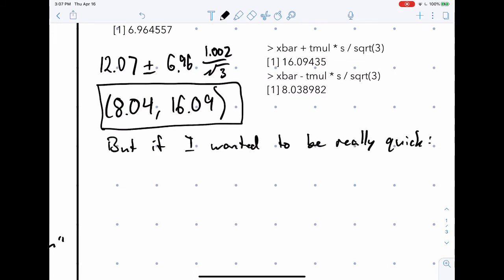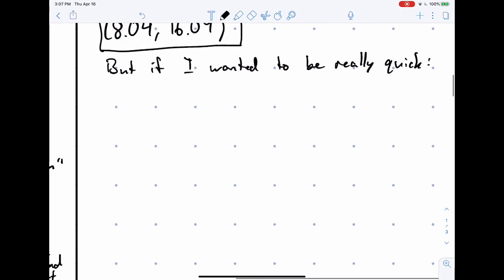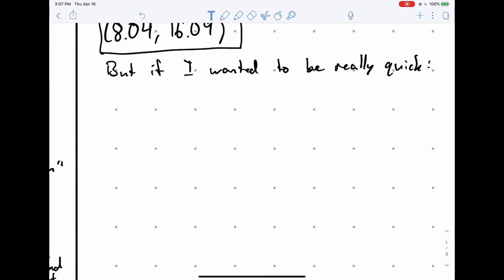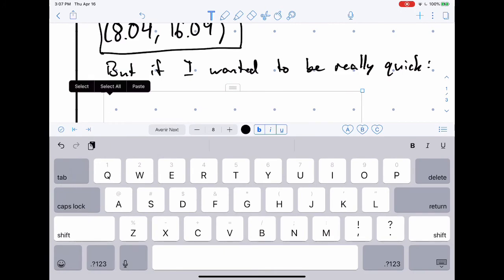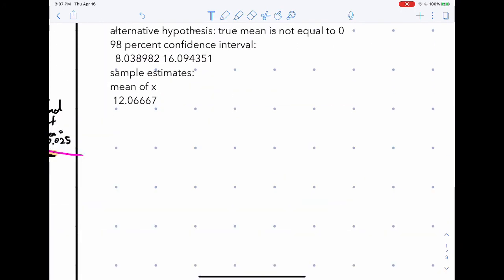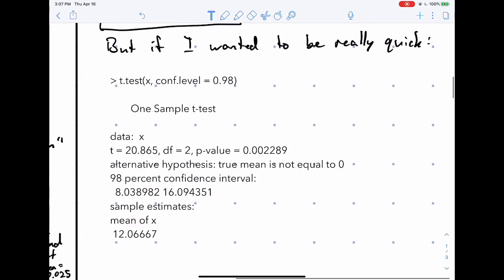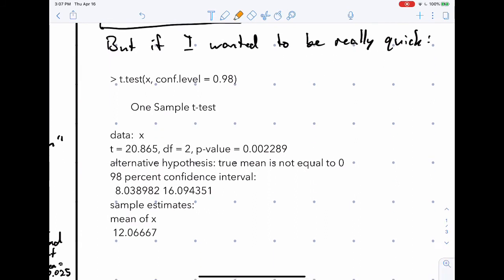But if you have the data and you want to be really quick about it, it's worth showing you that all this stuff is built in. This is very standard statistics, so you can just do it in R. There's a function for it: t.test, with confidence level equals 0.98. Our data is in x.